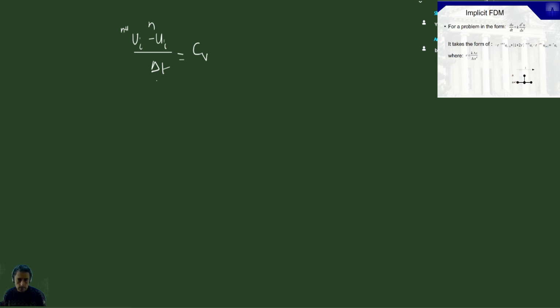Let's skip this part, we already saw what this part was, right? So we can say that this is equal to r times ui minus 1 at time n plus 1 minus 2 ui at time n plus 1 plus ui plus 1 at time n plus 1, right?